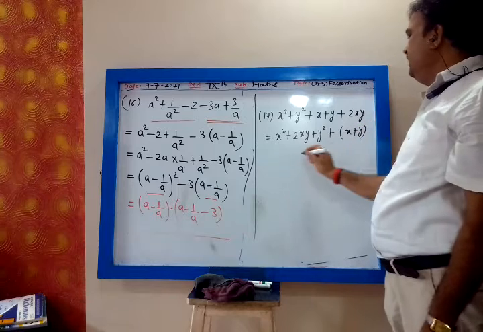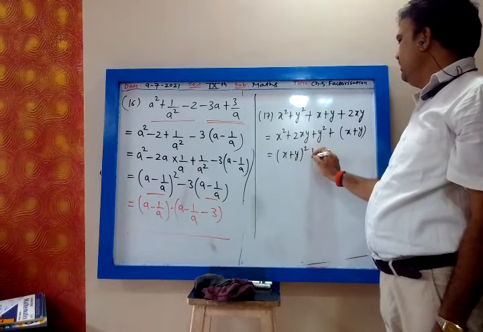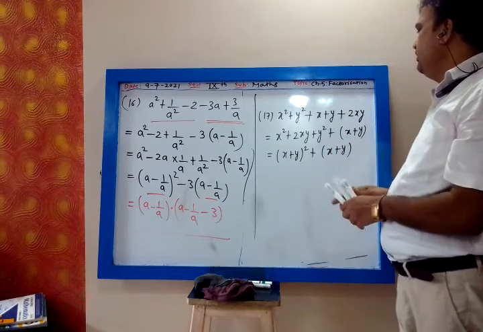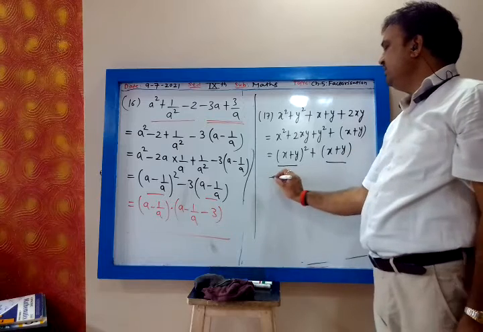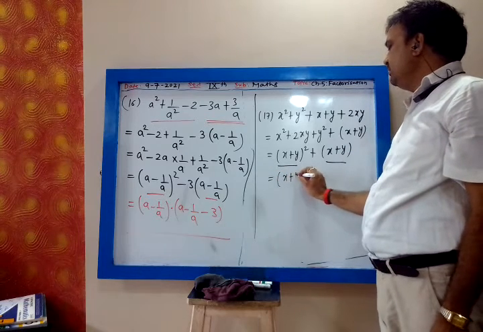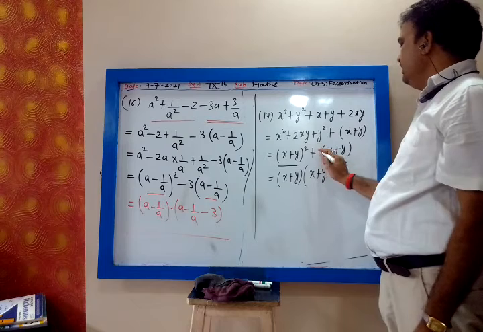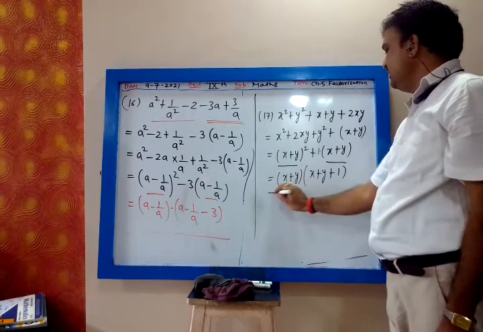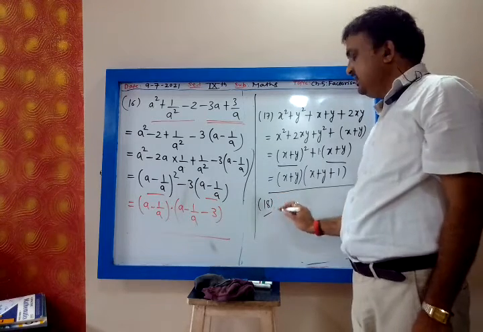Now this I can write as x plus y whole square plus x plus y. Now x plus y is common. So in the first it is x plus y, then nothing is there means 1 is there. So plus 1. This is the answer. Nothing is common means 1 is common.